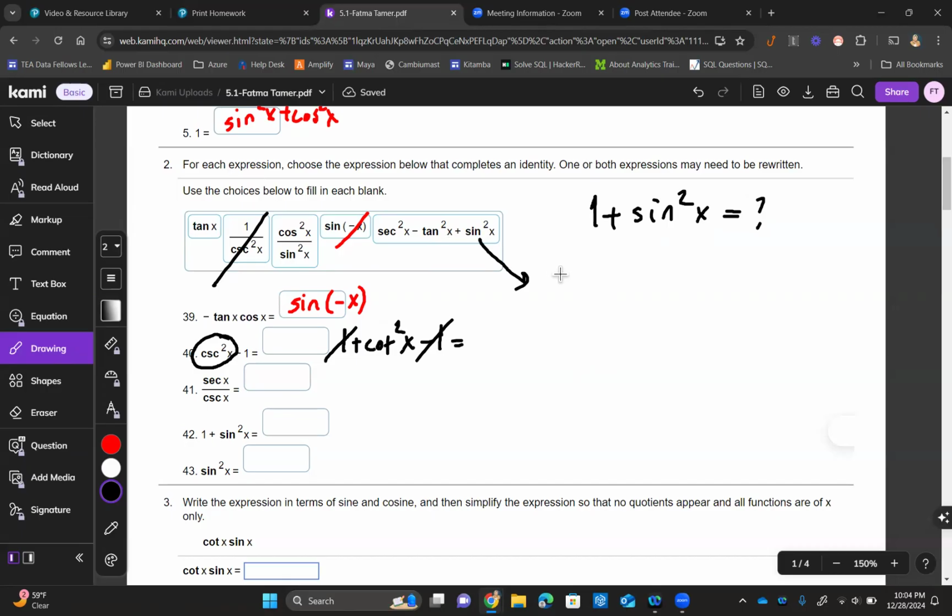If you look at the main Pythagorean identity, sine squared plus cosine squared x is equal to 1. Here, in order to get the secant x, secant is 1 over cosine, right? So I'm going to just divide everything by cosine squared x here.